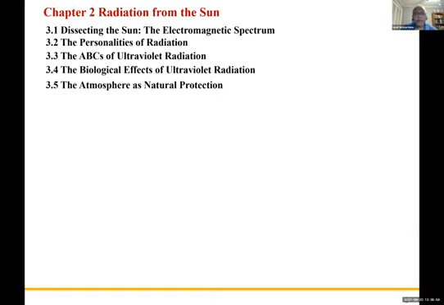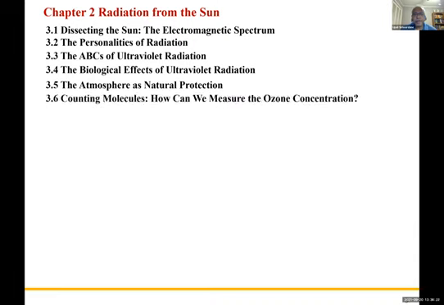The atmosphere is protecting us from certain radiation like UV radiation. So we're going to discuss mainly the stratospheric ozone layer, how it protects us from UV light. The ozone is the protector in the stratosphere.